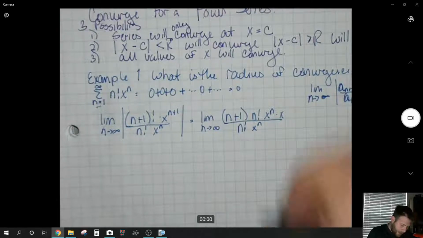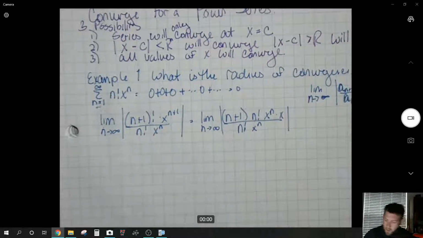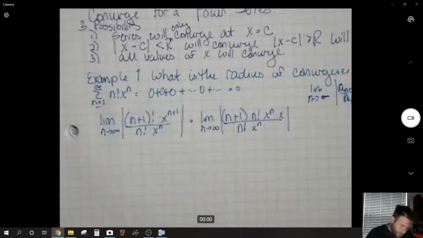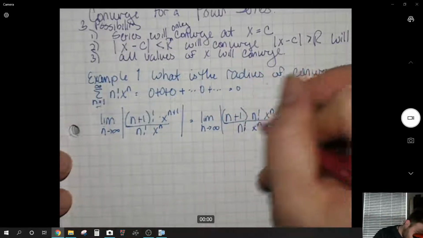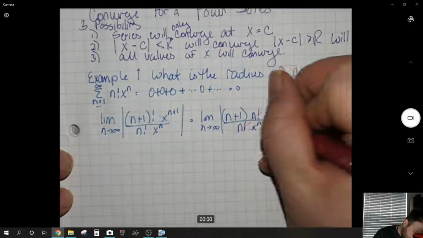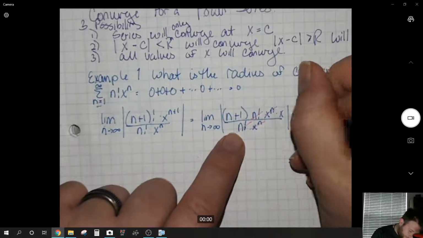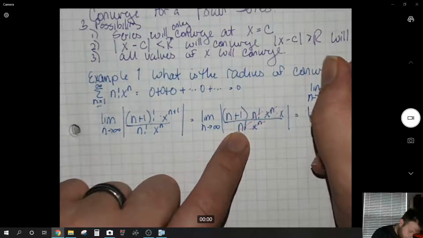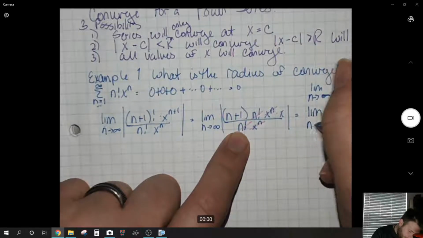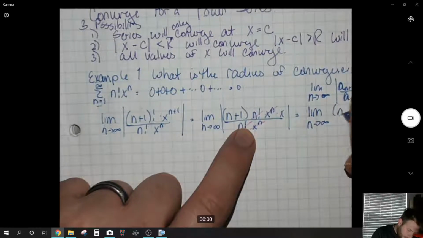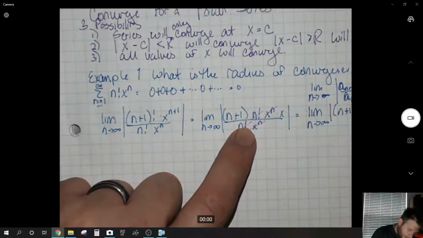I know this is going to simplify, so I'll use a different color pen to signify my reduction. The n factorial and the x to the n cancel, so I am left with the limit as n approaches infinity of the absolute value of n plus 1, times x.